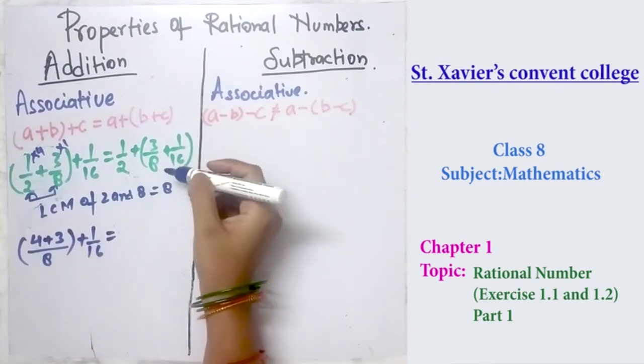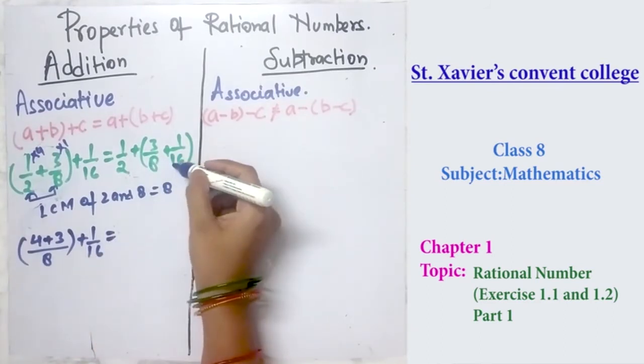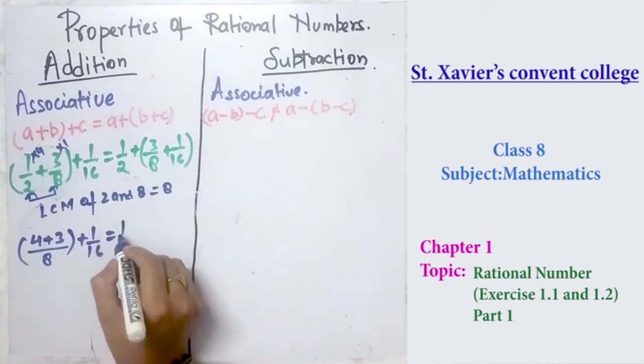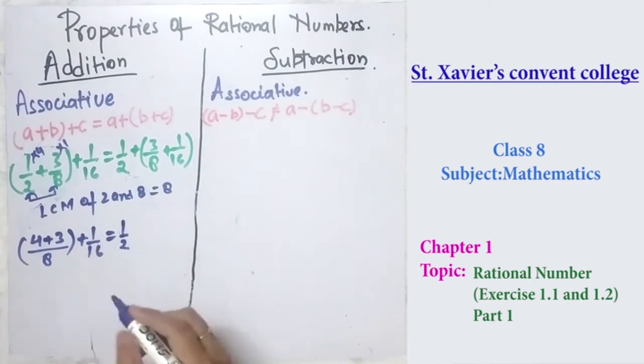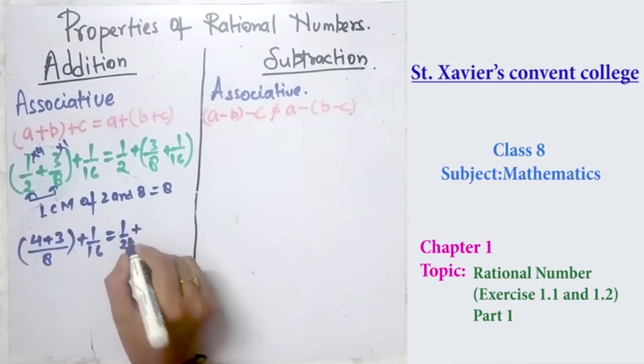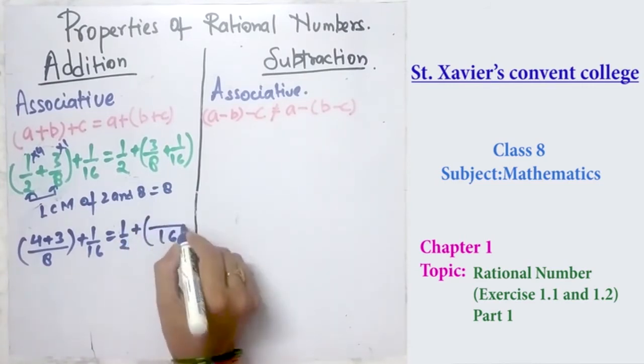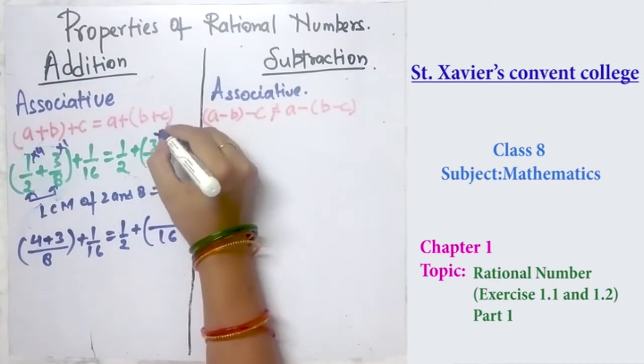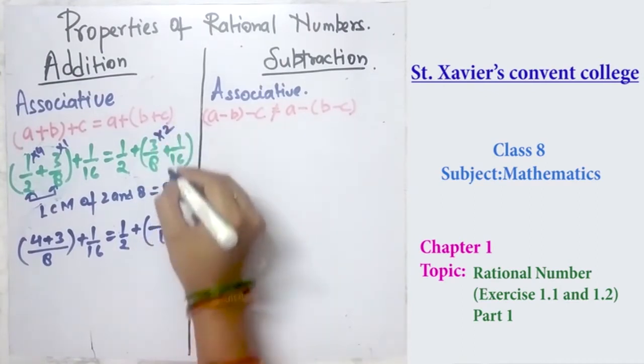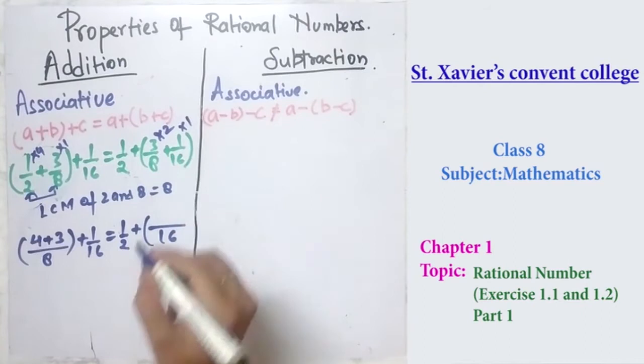Now we have to take the LCM of 8 and 16 over here. So 1 upon 2, the LCM of 8 and 16 comes to be 16. 8 ones are 8, 8 twos are 16. 16 into 1.